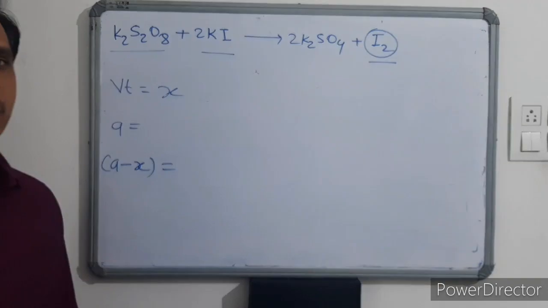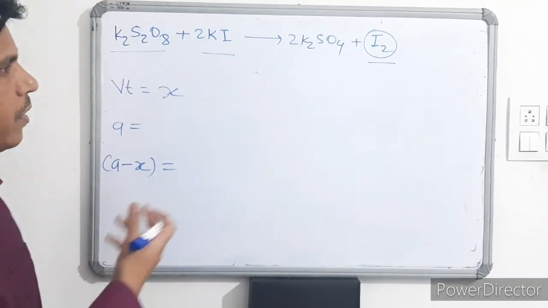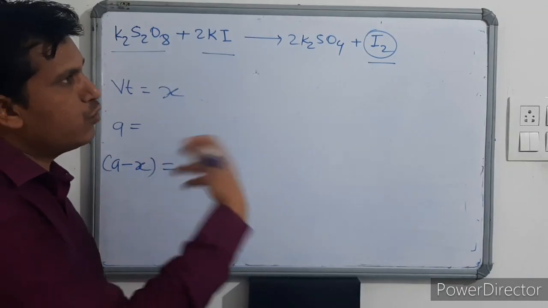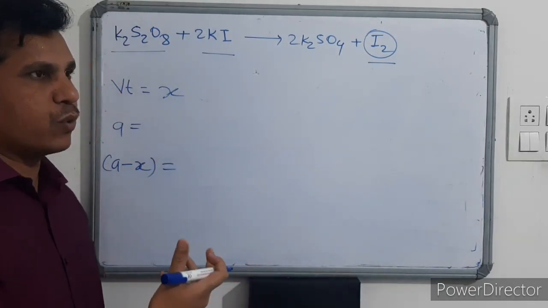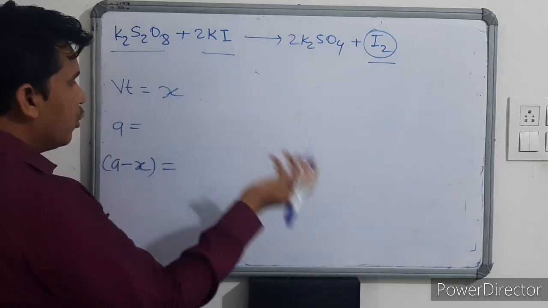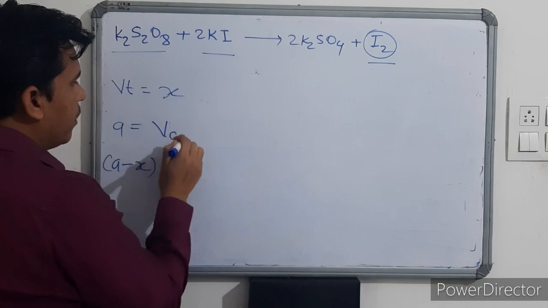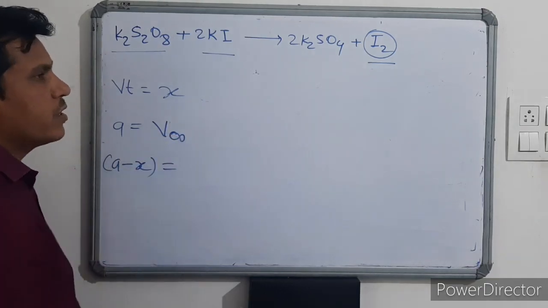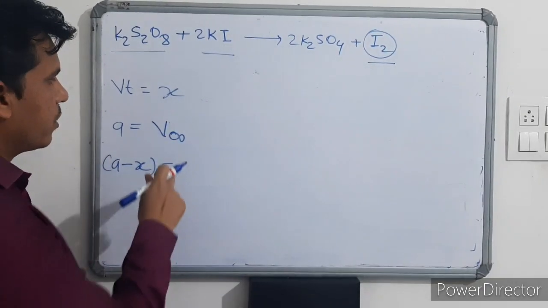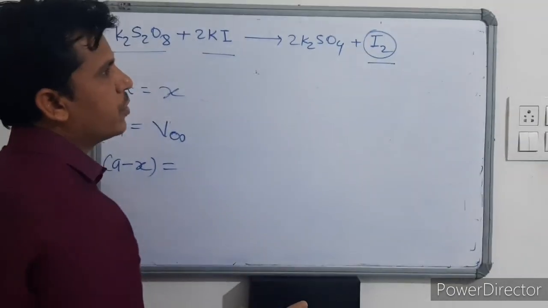The initial concentration we can find out by simply titrating the reaction mixture at infinite time with the standard hypo solution. The volume of standard hypo solution required at infinite time corresponds to V infinity, and hence this one is the volume of hypo solution corresponding to the total liberation of iodine after the completion of the reaction.